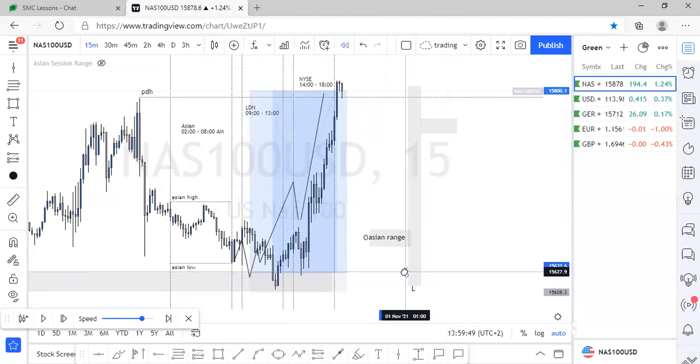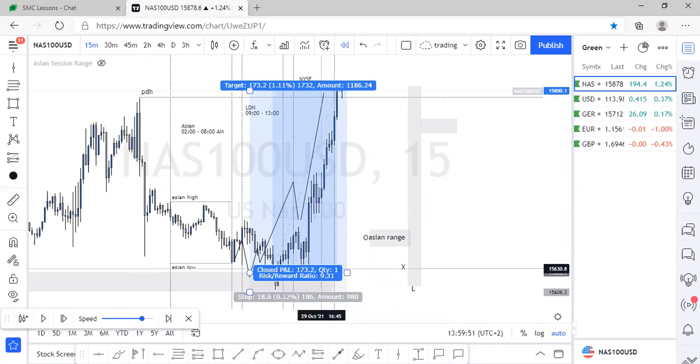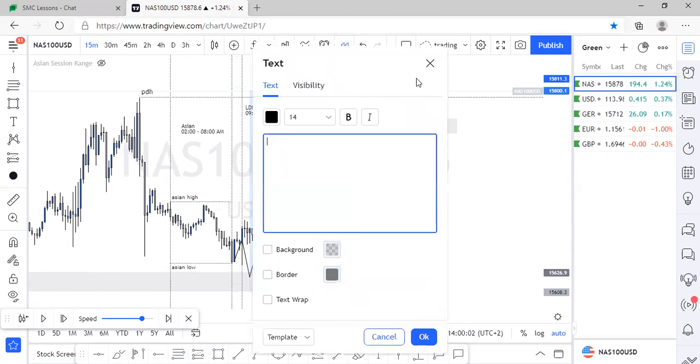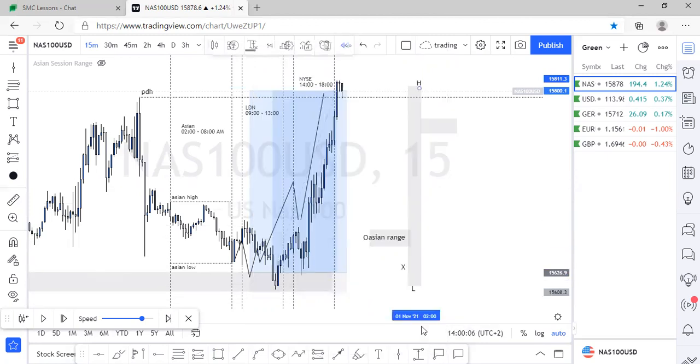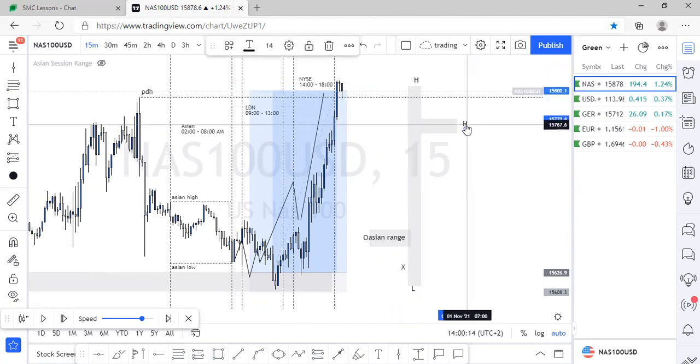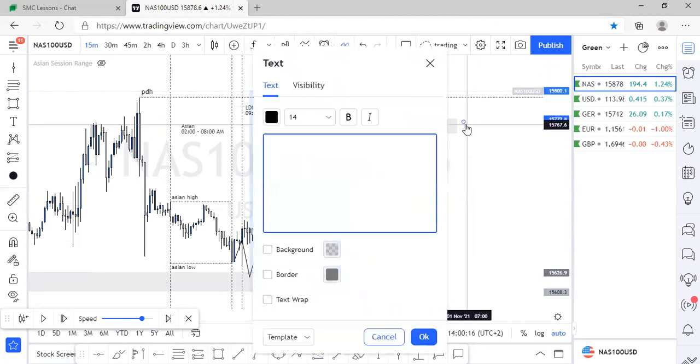We manipulate to the downside, coming to our point of interest. So New York kicks in. This is the London session where you manipulate, and then New York kicks in. This is where we have the H. New York also helps us create the high of the day. Then we have C for close.